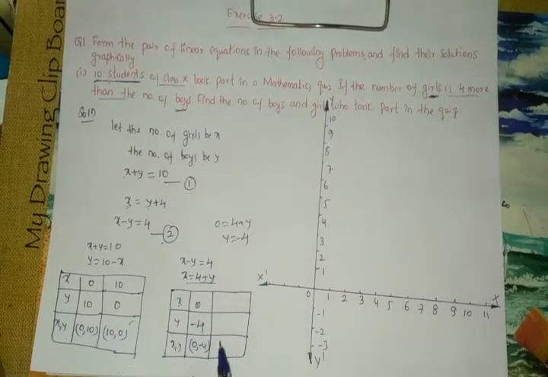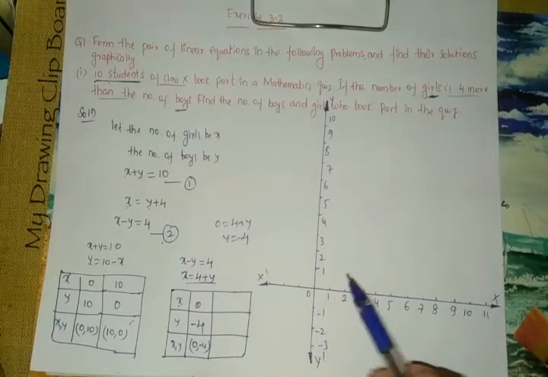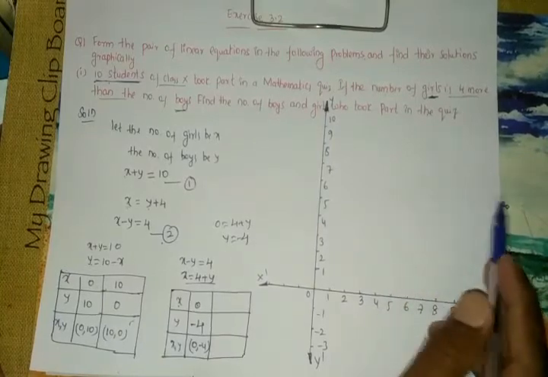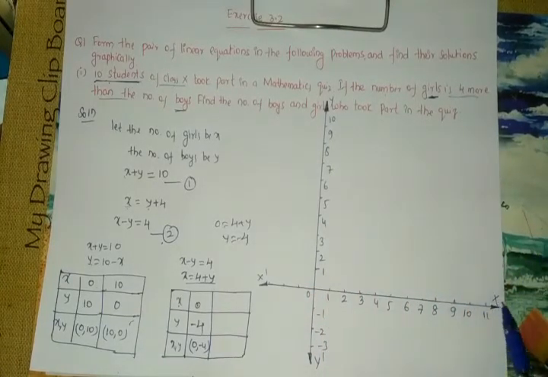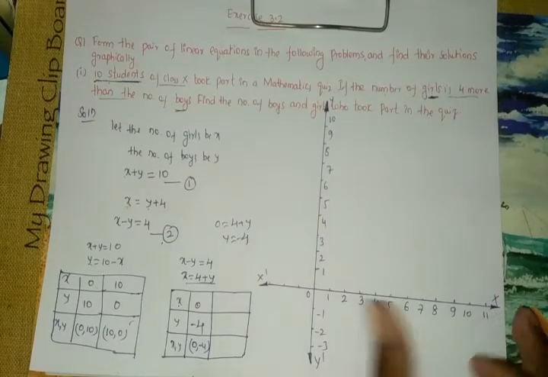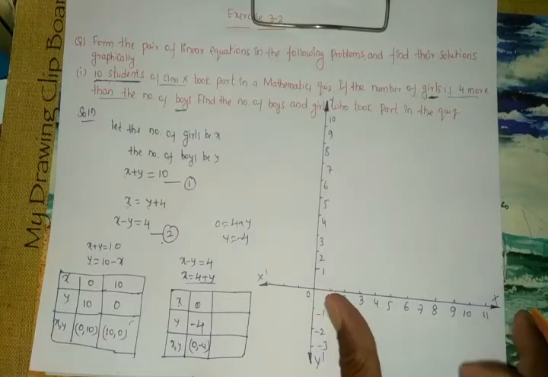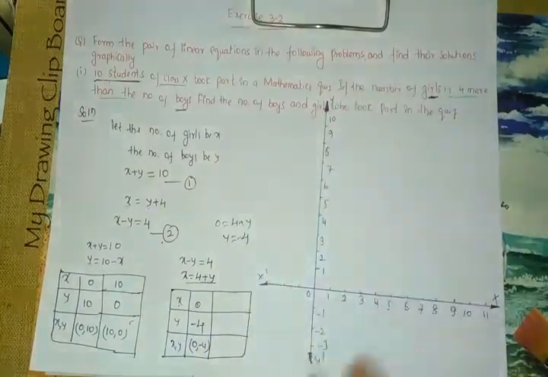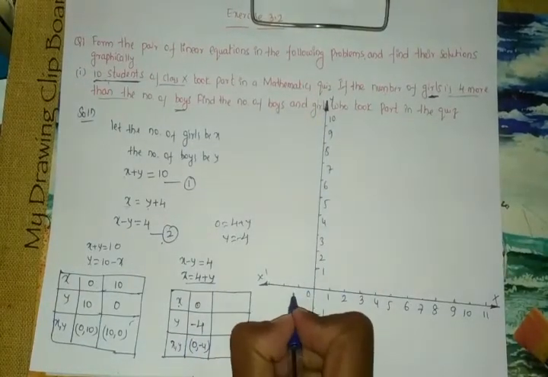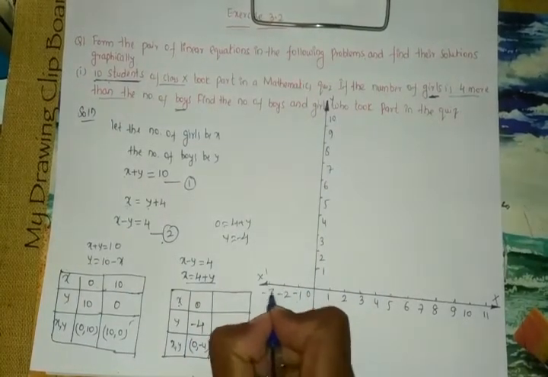The thing is, the points should come in the graph within the limits you have decided. I have decided my limit on the positive x-axis up to 11, along the y-axis positive 10, and along the negative axis minus 1, minus 2, minus 3.